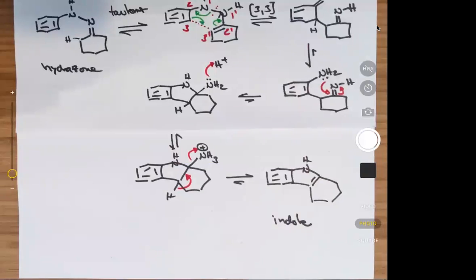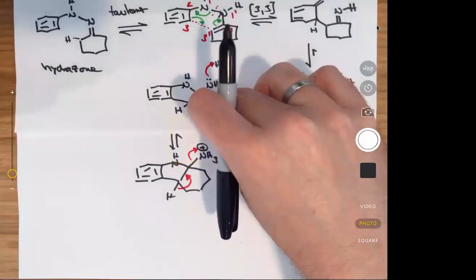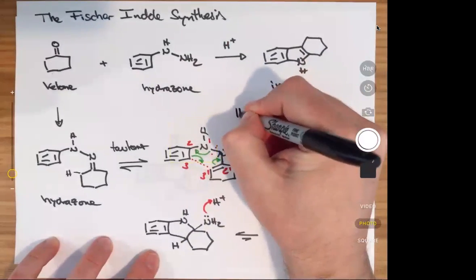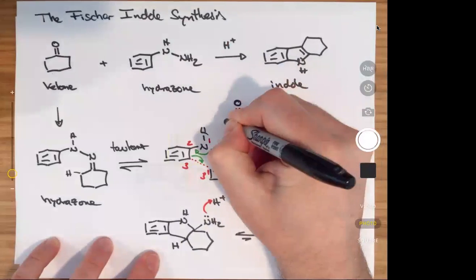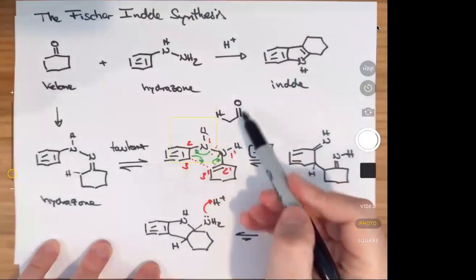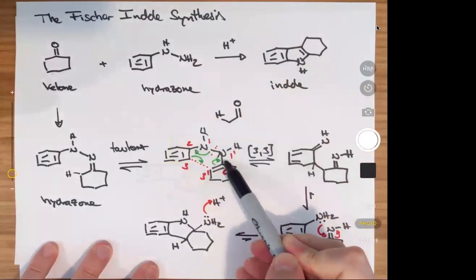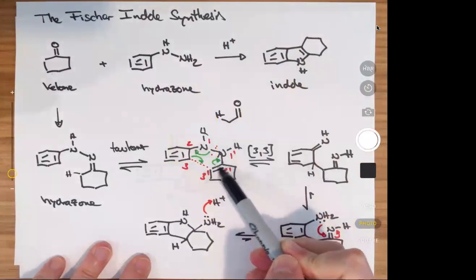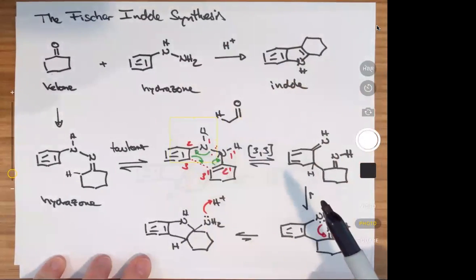Now, the nice thing is that this synthesis, if you look closer, the key step is essentially this 3,3 sigmatropic rearrangement, and all you need in order to make this work is basically a fragment or a carbonyl that has one enolizable alpha position here. So this is the key fragment that you need in order to form this enamine here that allows the 3,3 sigmatropic rearrangement.